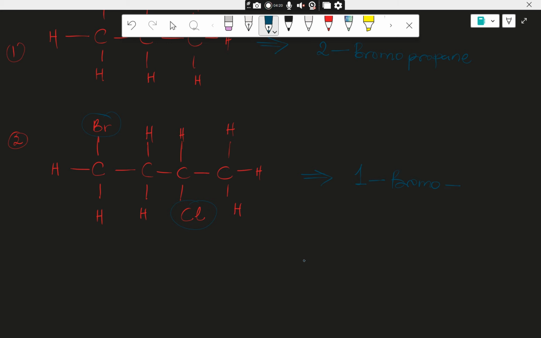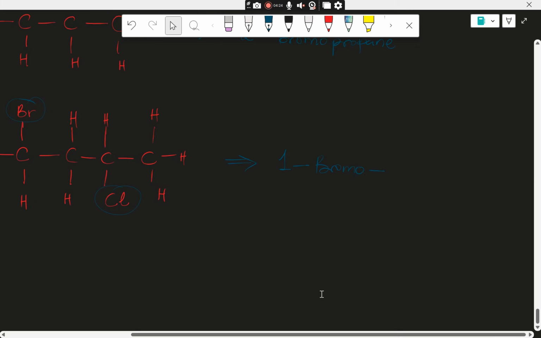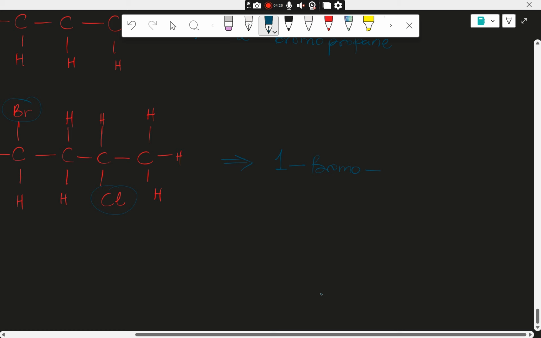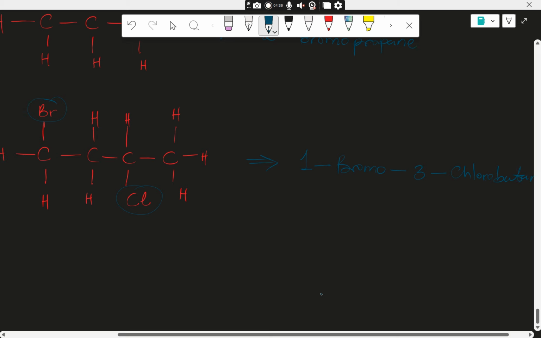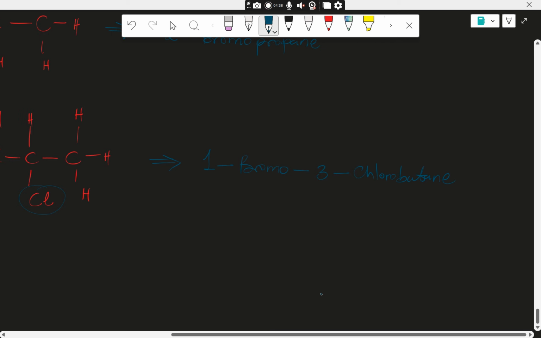So this is the case where you have more than one halogen. That one is on the third carbon, so it will be 3-chloro, butane. All right, so that's the name.